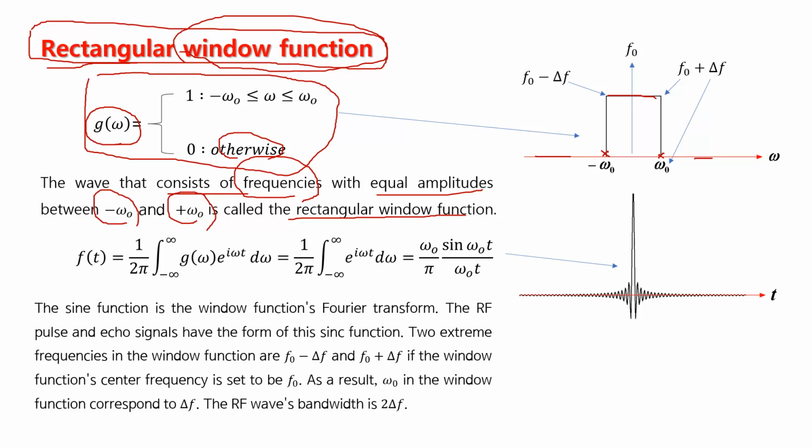This window function can be Fourier transformed to be f(t). The window function G(omega) is the spectrum, and f(t) is the time varying wave.